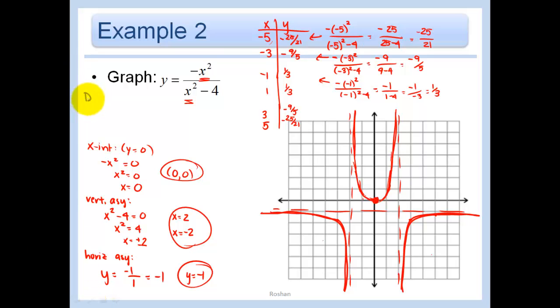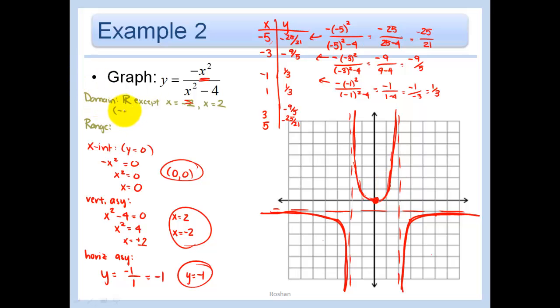Let me just do my domain and range while I'm at it. My domain is going to be all real numbers except x equals -2 and x equals 2, right? Because it's all numbers except here and here. An easier way to do this might be with our interval notation.